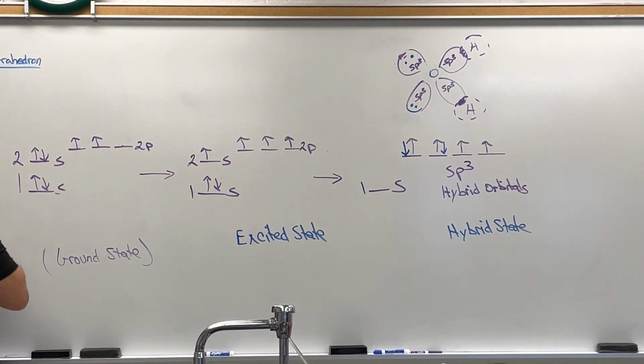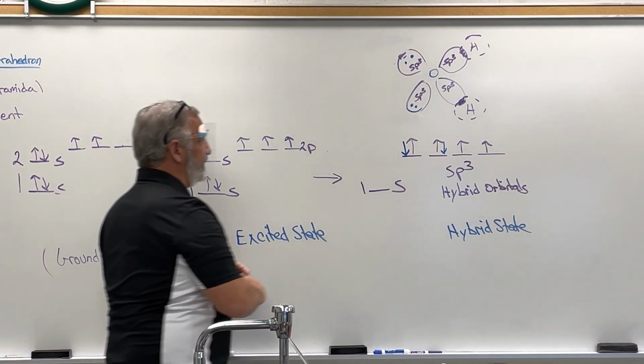By the way, we can say here the shape is pyramidal, and here the shape is bent. The electrons are all arranged in the shape of a tetrahedron, but the shape of the molecules is based upon just the electrons that are there.